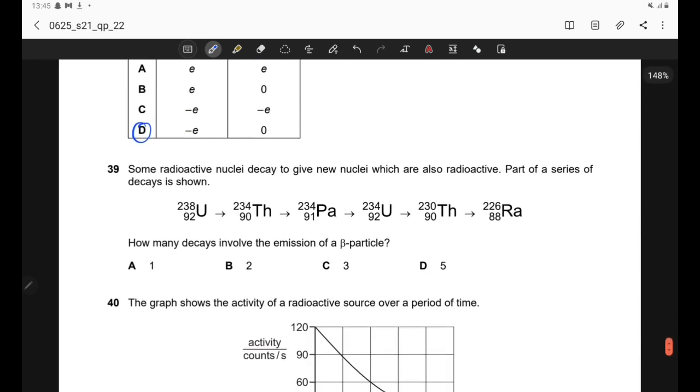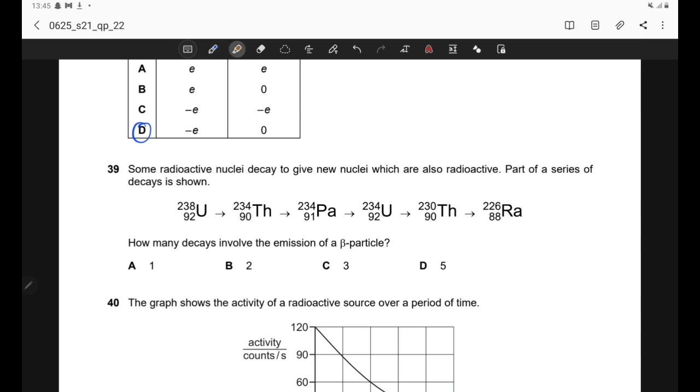Question 39. Some radioactive nuclei decay to give new nuclei which are also radioactive. Part of a series of decays is shown. How many decays involve the emission of a beta particle?